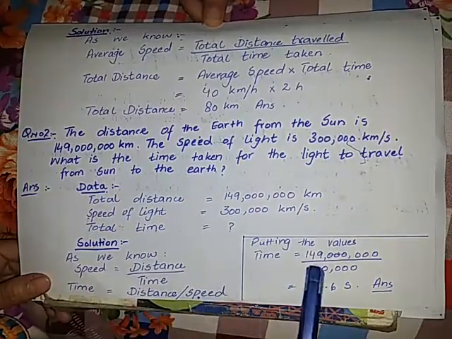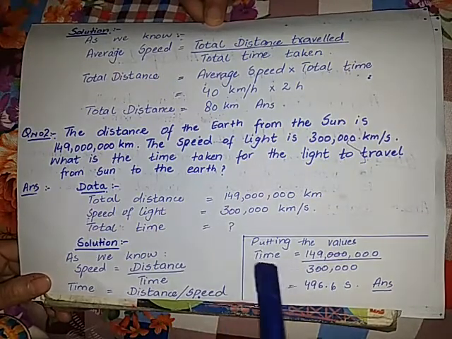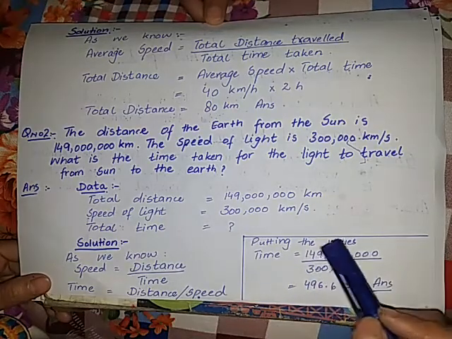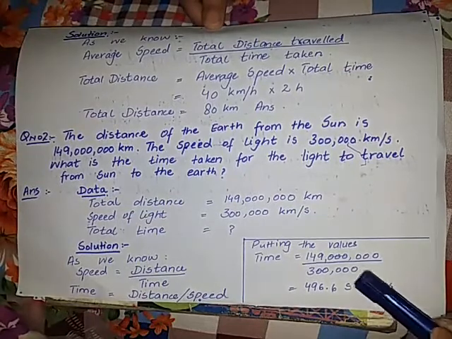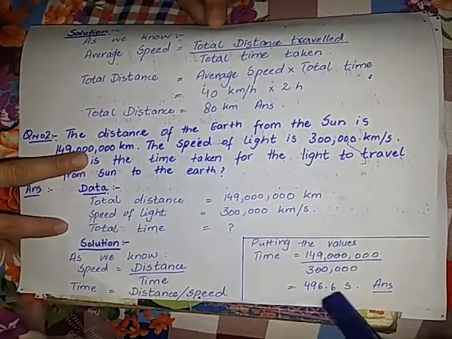By putting the values of distance and speed, when we solve with the help of a calculator, we get the value 496.6 seconds.